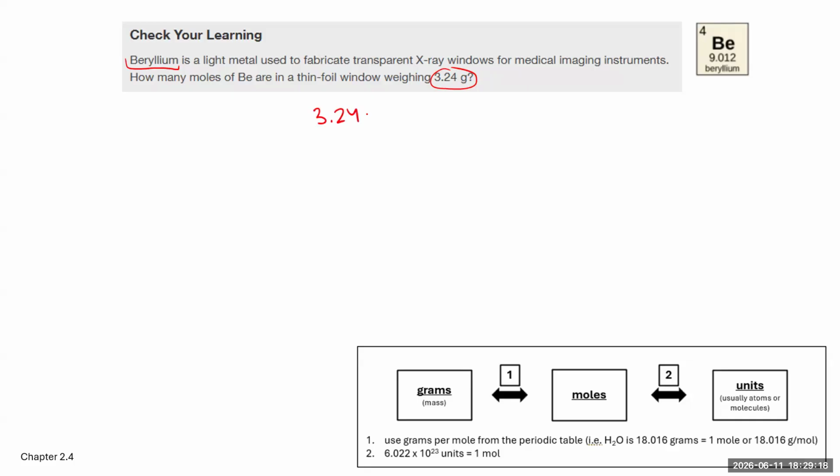This is one of the harder things in chemistry, taking these words and trying to figure out what to do with them, right? So I like doing whatever you're starting with, drawing an arrow and going to whatever you want to end with, right? And we want to start with moles of beryllium. And most of this, once you get better at this, you can pretty much figure out what to cut out. All that can be cut out.